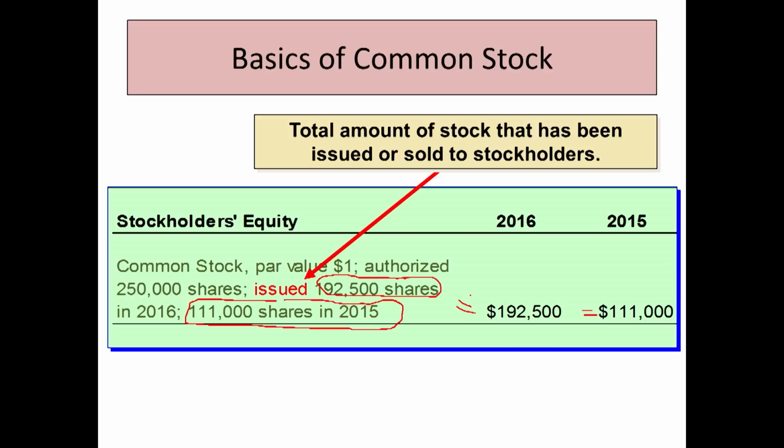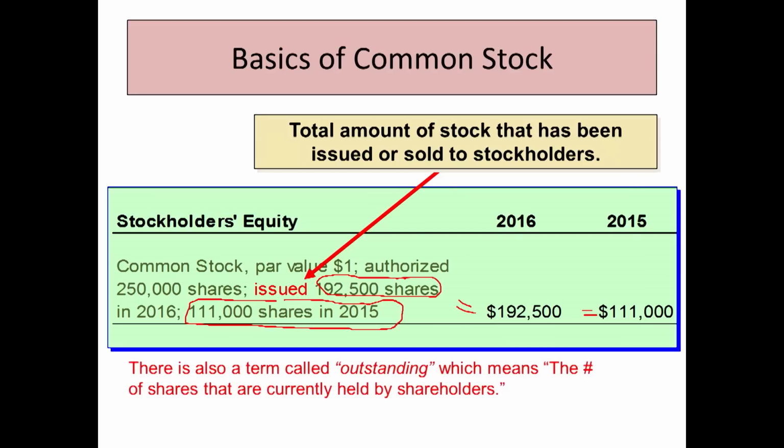Okay? All right. Now, there's a term also called outstanding, which means the total number of shares that are currently held by the shareholders. So here it just says they've issued. In this example, the number of shares outstanding is also 192,500 for 2016. Okay? All right.